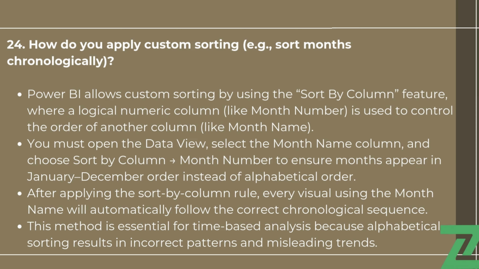After applying the Sort by Column rule, every visual using the month name will automatically follow the correct chronological sequence. This method is essential for time-based analysis because alphabetical sorting results in incorrect patterns and misleading trends.